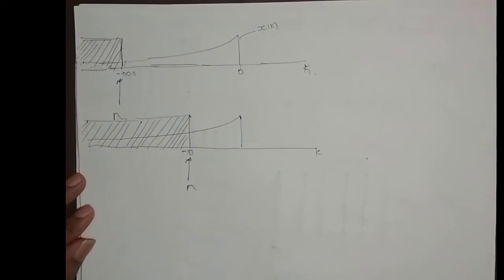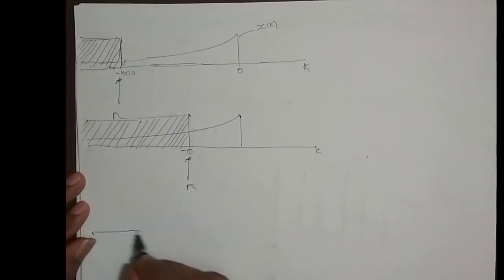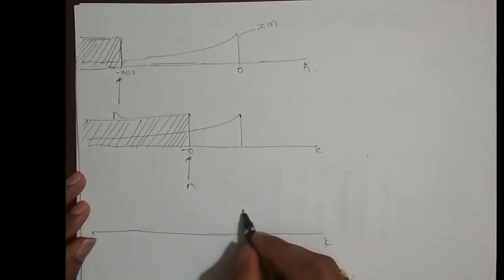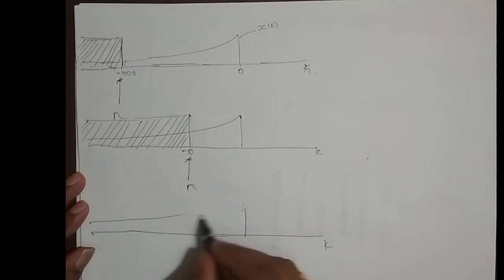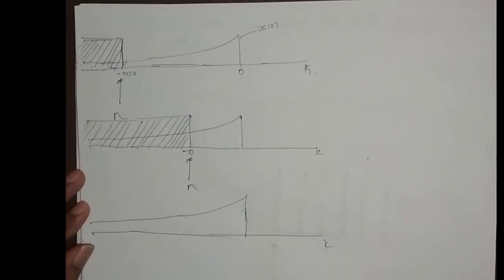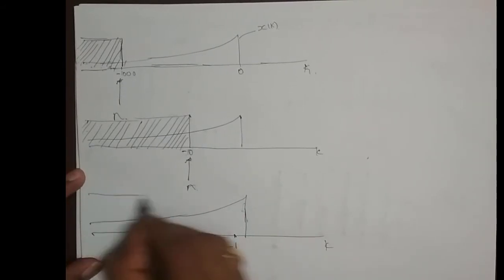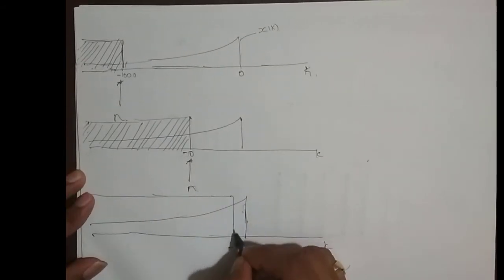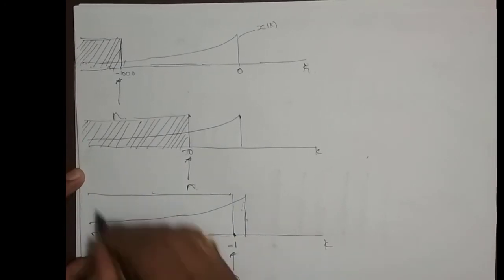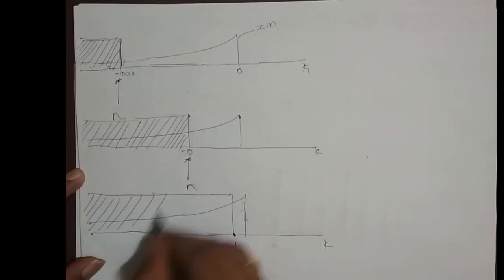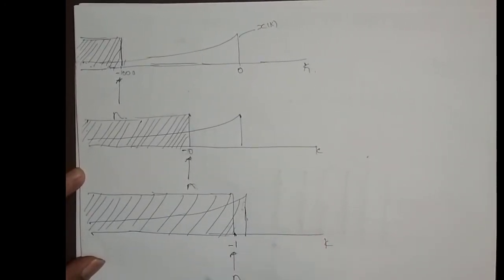Now if I still move it further right, so I move it to minus 1, so this is at n, and the overlap portion is from minus infinity till minus 1, right?